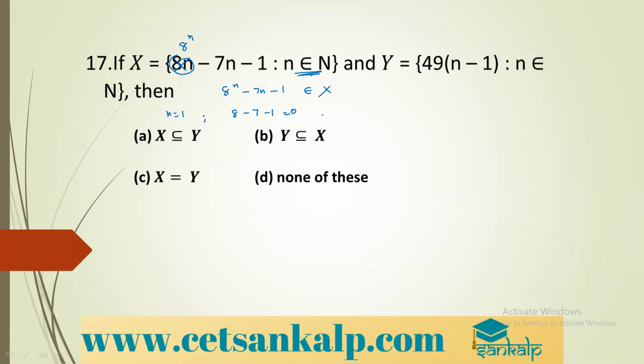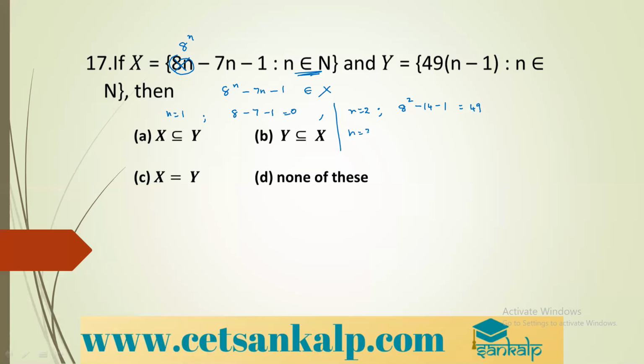Now, if I take n equal to 2, what will I get? 8 square minus 14 minus 1. And what is that? 49.